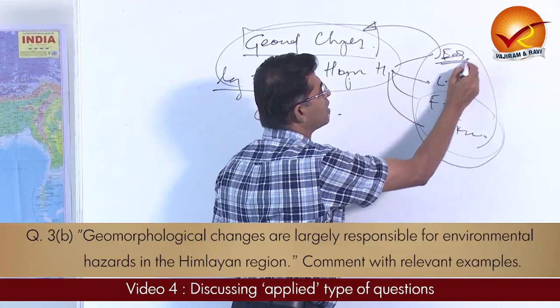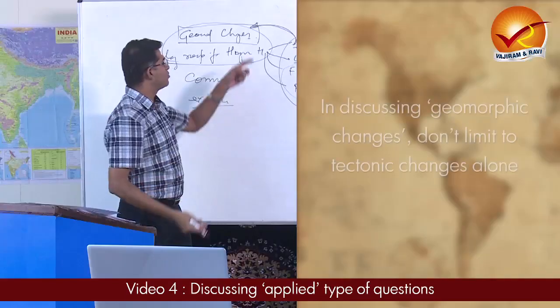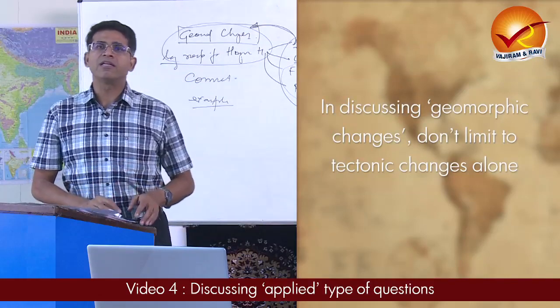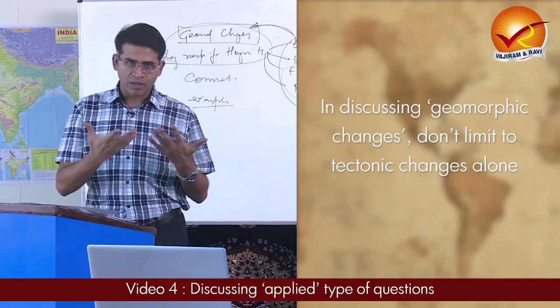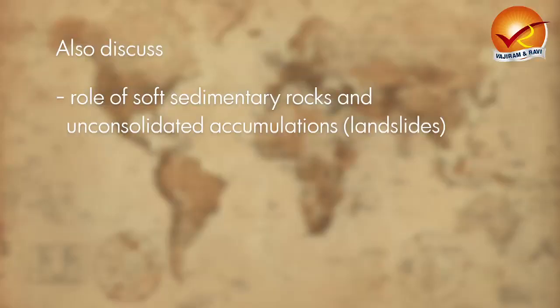And while discussing earthquakes and landslides, we might focus more on the tectonic aspects, where the Himalayan region is an earthquake prone zone, and maybe focus on sedimentary unconsolidated accumulations that make the region prone to landslides.